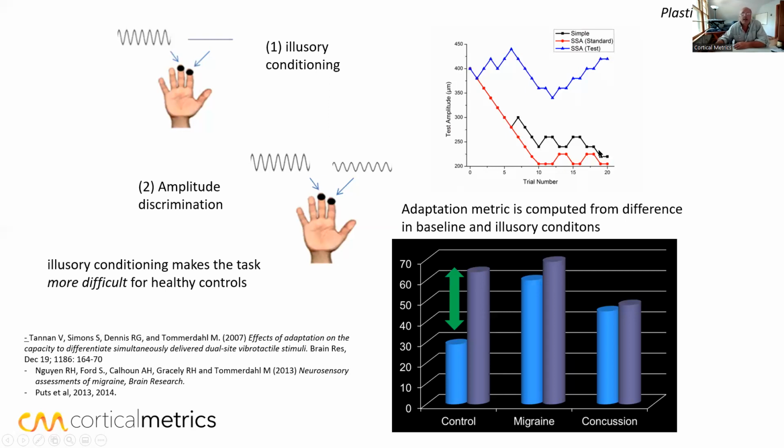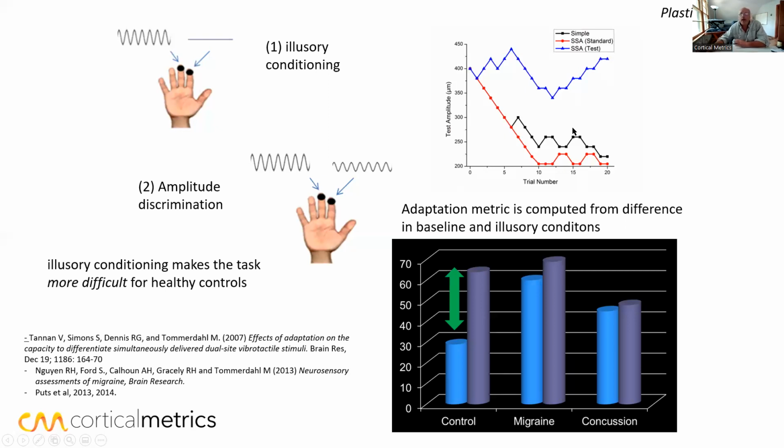This threshold tracks down to about 10 or 15%, and smaller numbers are better for amplitude discrimination. But now if you add this illusory conditioning, you get something like this. The tracking does not go as well, and this person does not track down like they did over here.